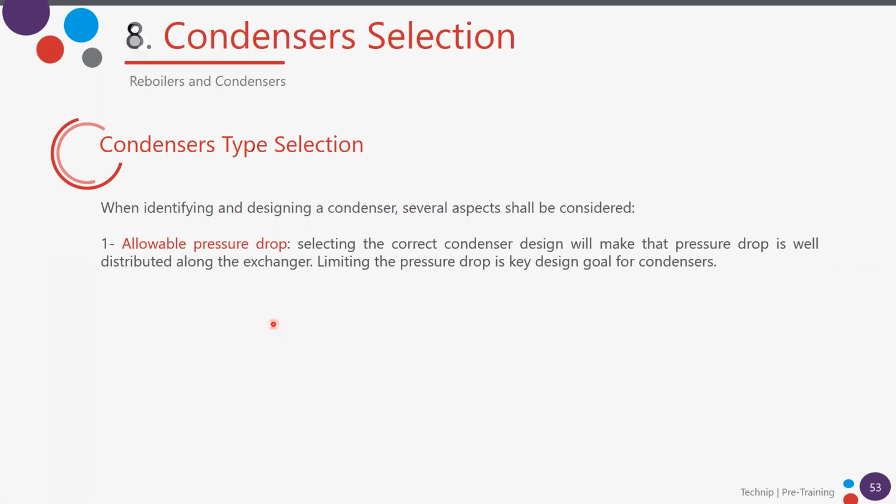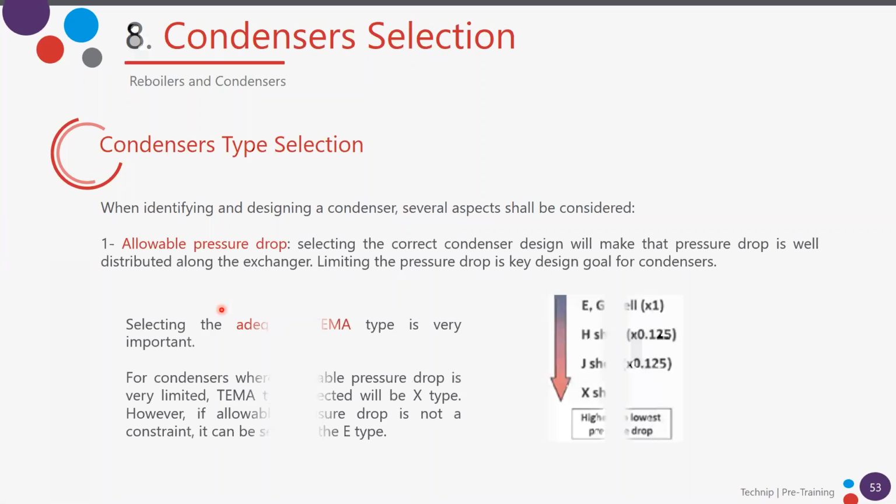Limiting the pressure drop is a key design goal for condensers. And to have a good allowable pressure drop, we need to select the adequate shell type. So for condensers where allowable pressure drop is very limited, the shell type will be X type. However, if allowable pressure drop is not a constraint, the E type can be selected.